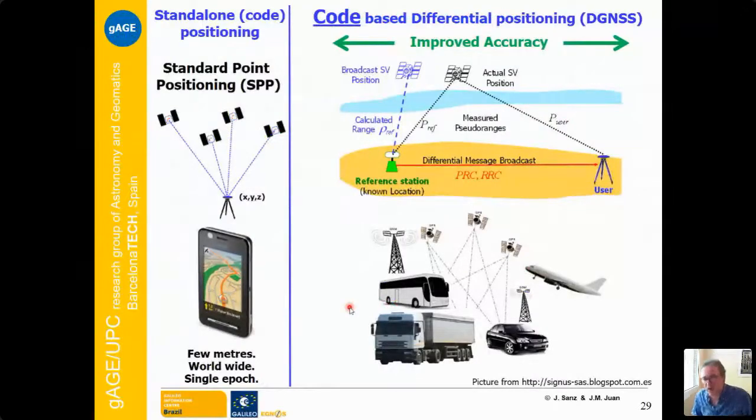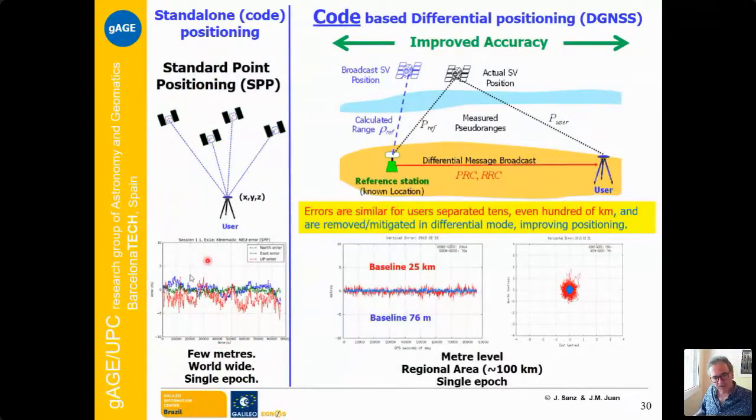Okay, let's go to fixed ideas. At the beginning, we had a standalone positioning. This is standard point positioning. Here we have positioning errors at the level of a few meters in single epoch. What does single epoch mean? This means that we have an independent solution every epoch.